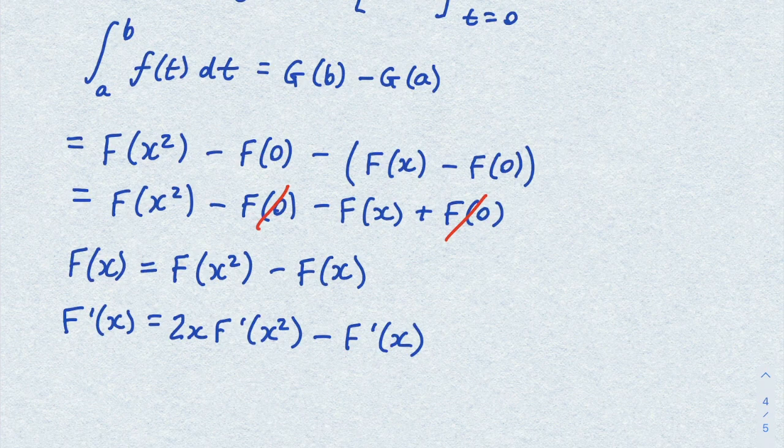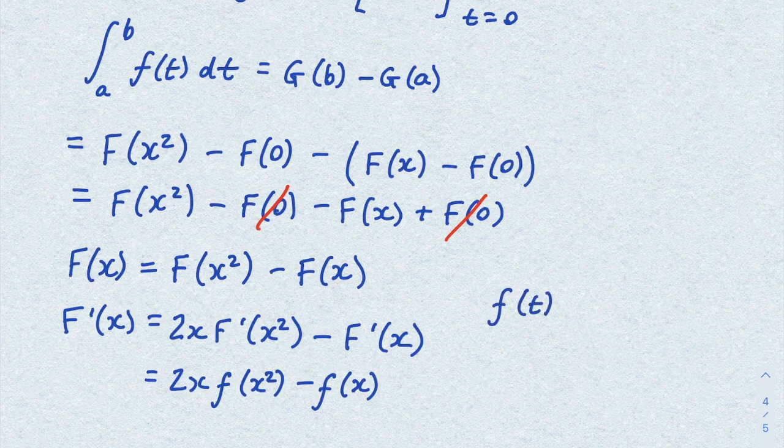And now what we can do is use the fundamental theorem of calculus to rewrite this derivative as 2x lowercase f of x squared minus lowercase f of x. And then we can use the function f of t. So if we remember, f of t is equal to e to the power minus t squared.